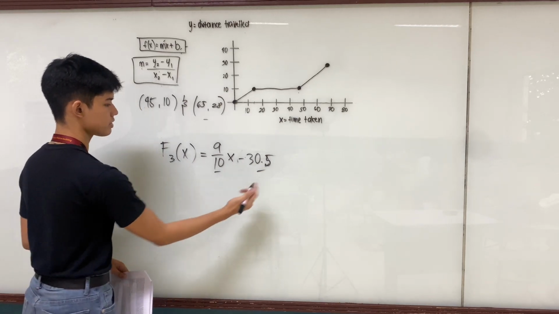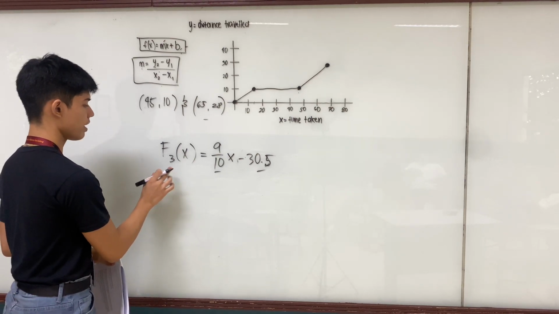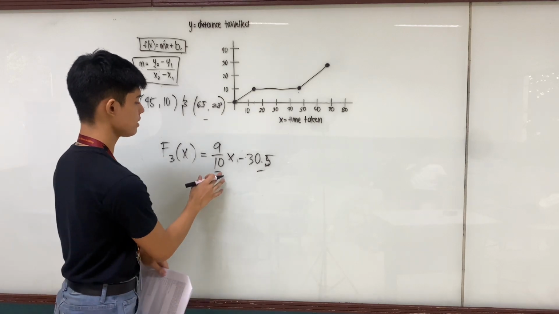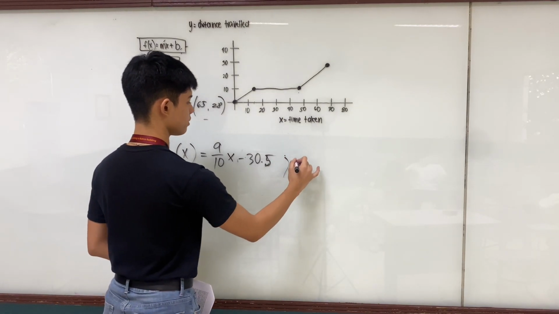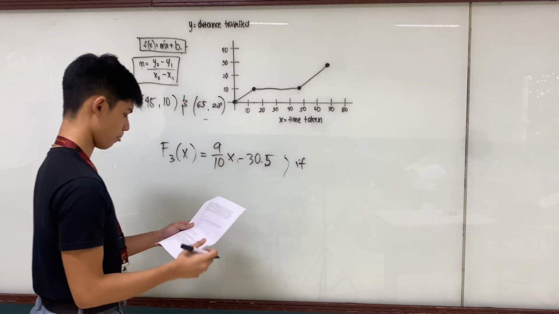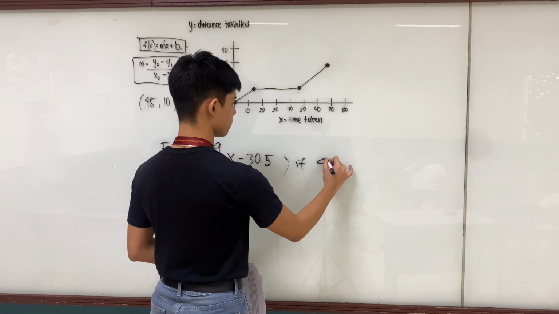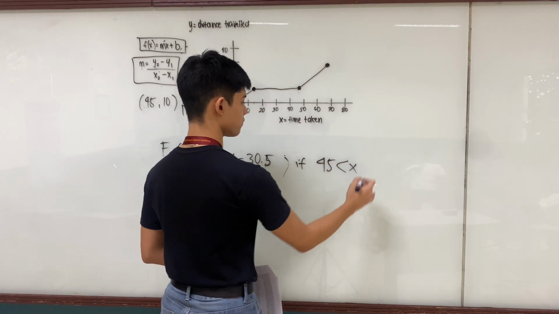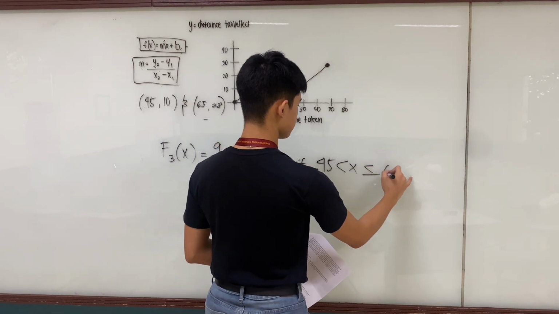This is m, this is b, and then this is our function. So f sub 3 of x is equal to 9 over 10 x minus 30.5 if x is greater than 45 and less than or equal to 65 minutes.